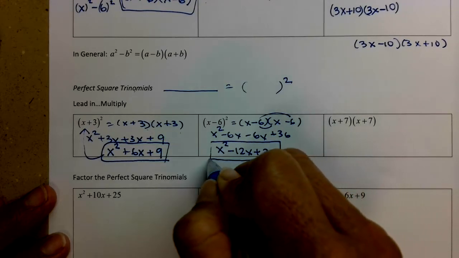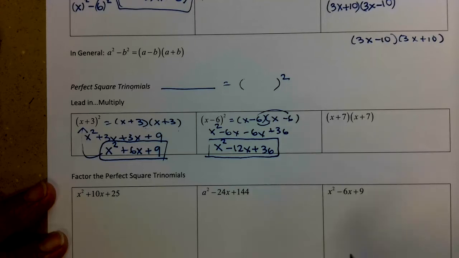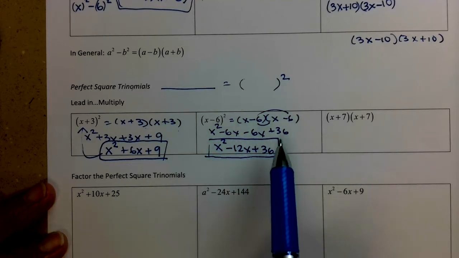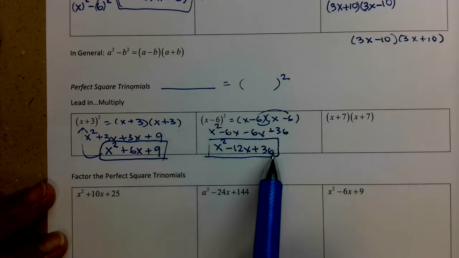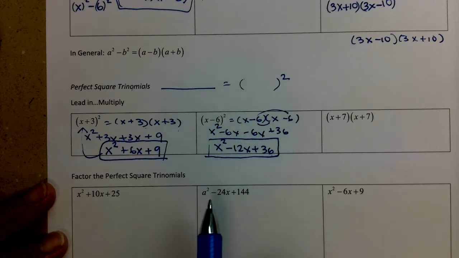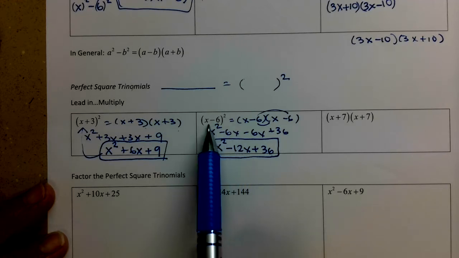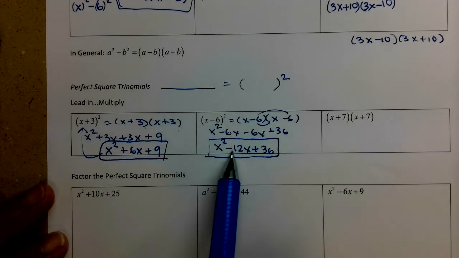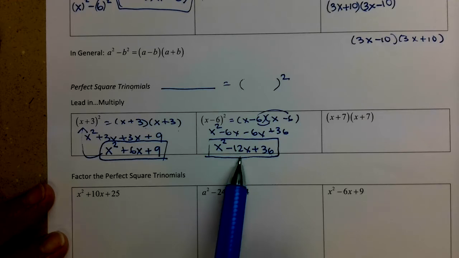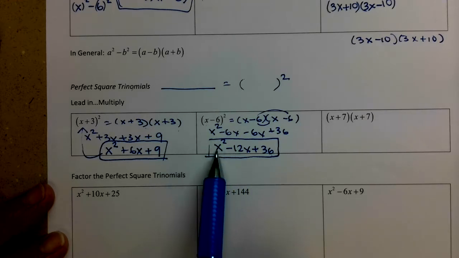So let's just see what we notice about those three terms that we have. Okay, so that last term, right, is 6 squared, and it's positive. Okay, the minus 12, right, is 2 times x times the 6, or the negative 6. And the x squared is that first one squared.